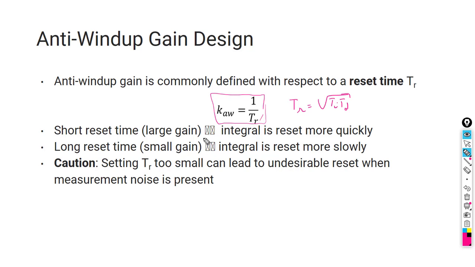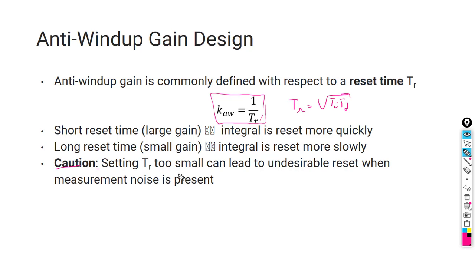Usually we recommend to set it quickly. In that case you want a large gain, so a short reset time. You can tune it yourself just by experimenting with values. But as a rule of thumb, as a compromise, if you have a derivative term, you use TI and TD.